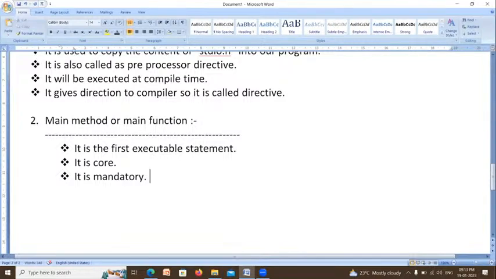Without the main method, your program will not be executed. You can write the main method only one time. You cannot write it multiple times. It cannot be duplicated. Duplication of main methods is not allowed.